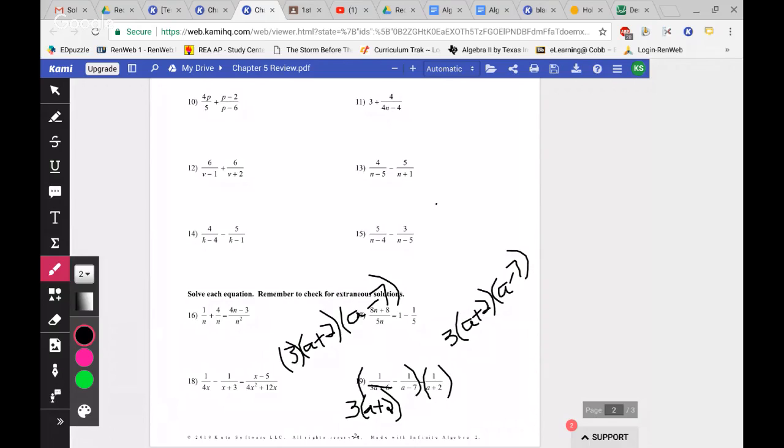Now we're multiplying the left-hand side by this greatest common denominator. 3 times a plus 2 will go into 3 times a plus 2 times a minus 7, making the 3 and the a plus 2 cancel out, leaving you with a minus 7. And then a minus 7 times 1 is a minus 7.